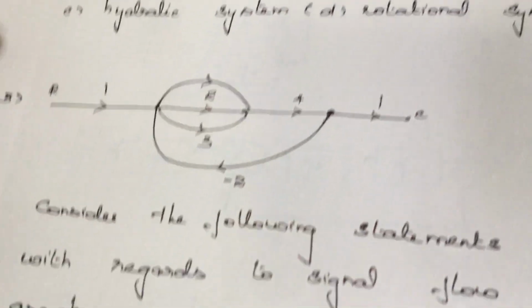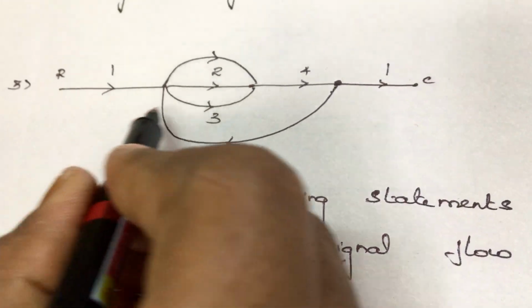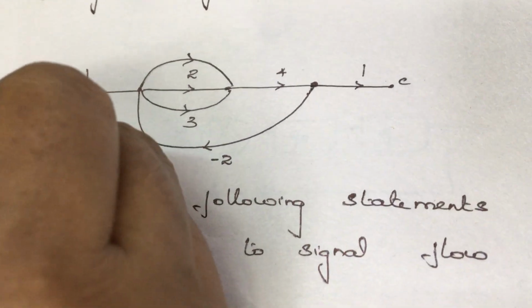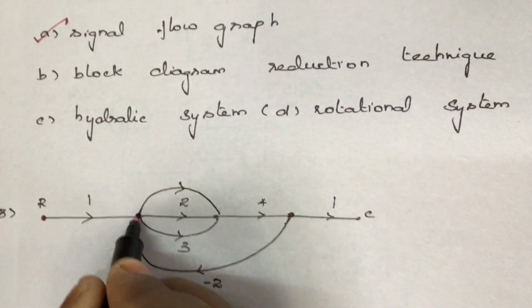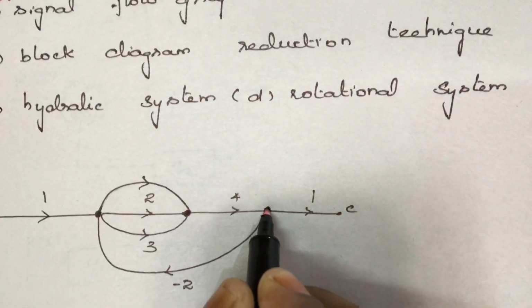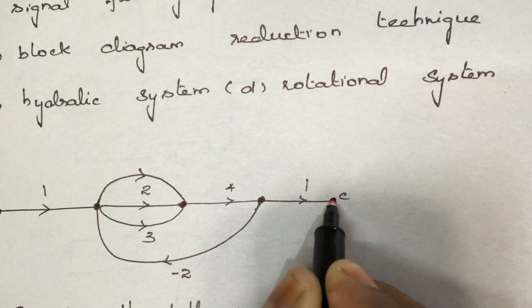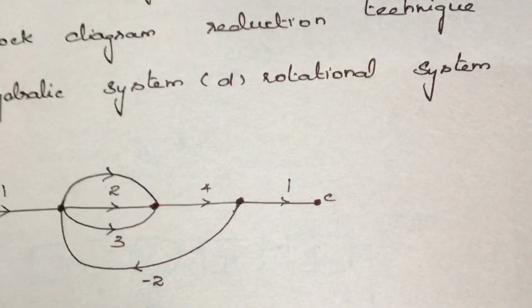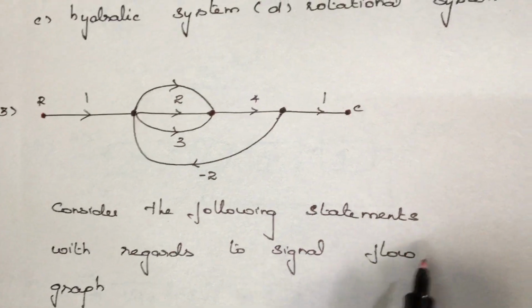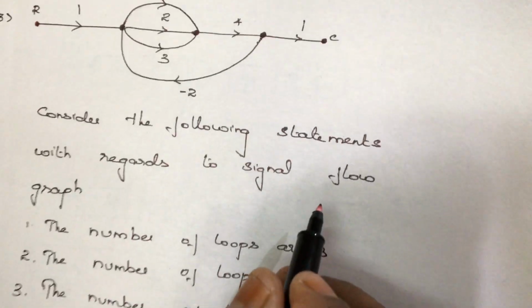And the third question. Here there is a signal flow graph. Here this is one node and there is another node. This is another node and this is another node, and finally the output C. The question is, consider the following statements with regards to the signal flow graph.